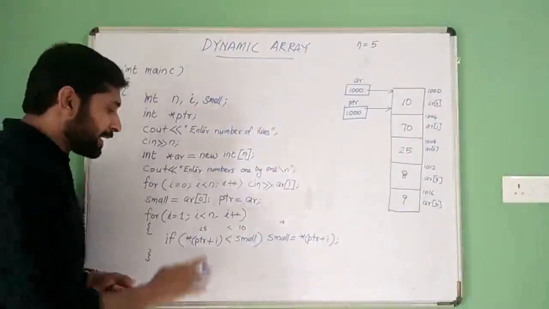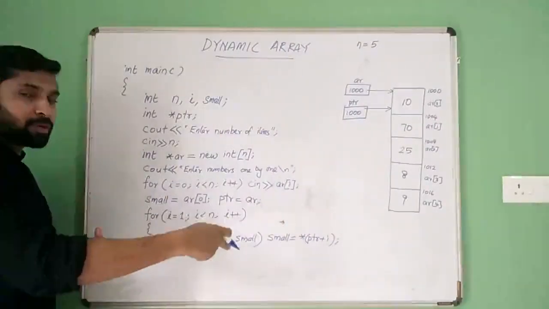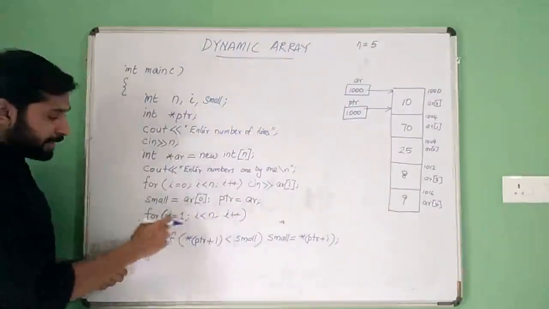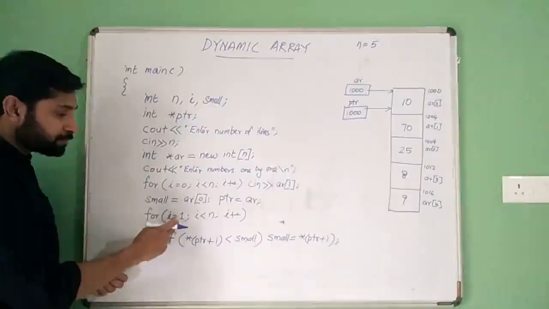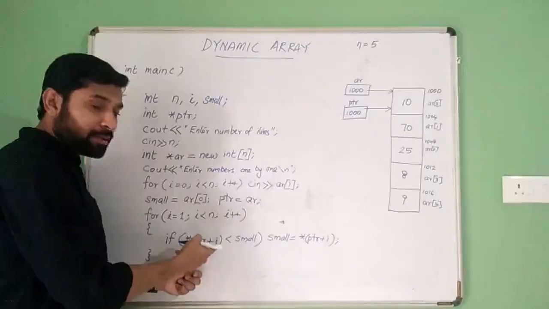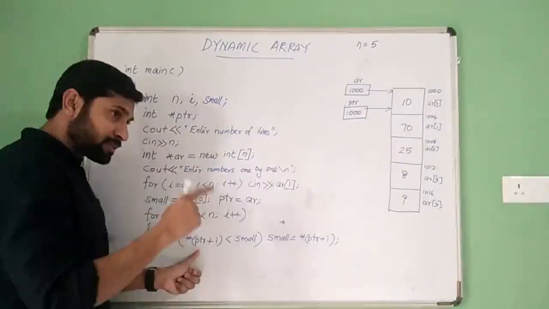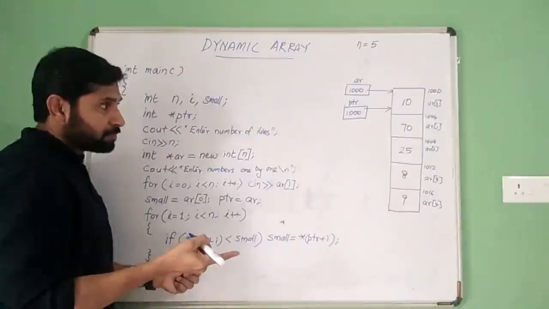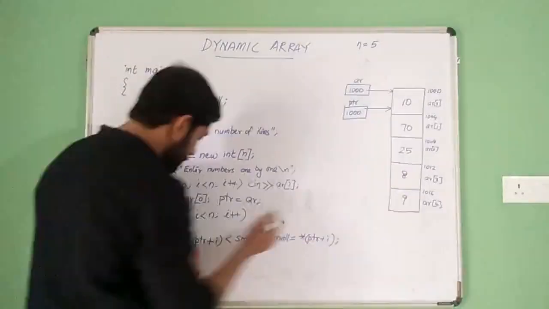No. Again that is also skipped. No need of making rearrangement. Again, value of I becomes 3. Now PTR plus 3 means 1000 plus 3 into 4, that is 12. So it becomes 1012. So value at 1012 is 8.